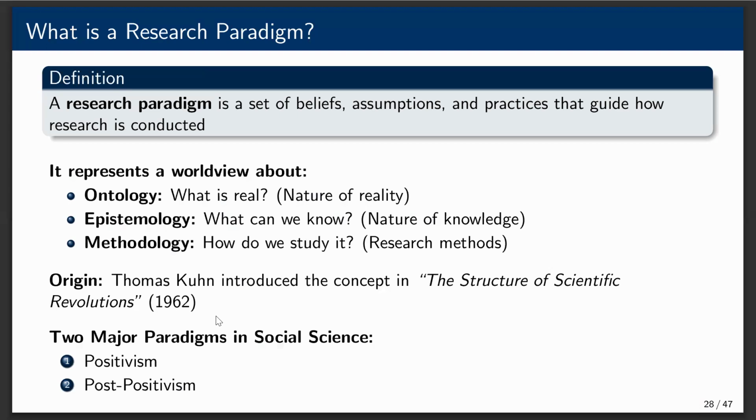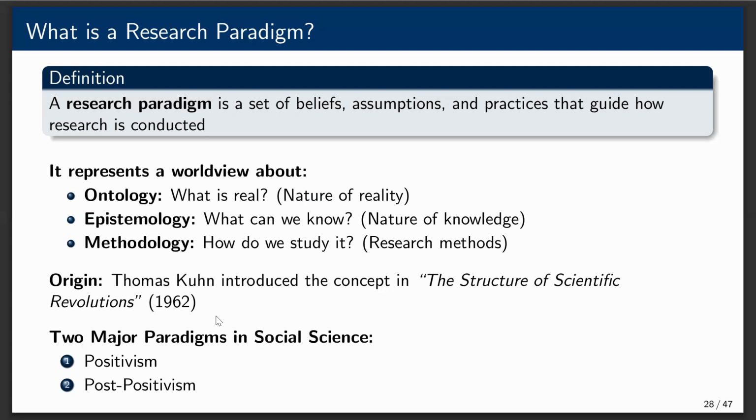It represents a worldview about ontology, what is real, nature of reality; epistemology, what can we know, the nature of knowledge; methodology, how do you study it; and research methods. Some of the origin is coming from Thomas Kuhn, who introduced the concept in The Structure of Scientific Revolutions.